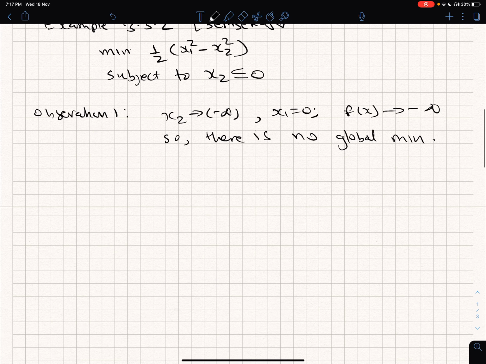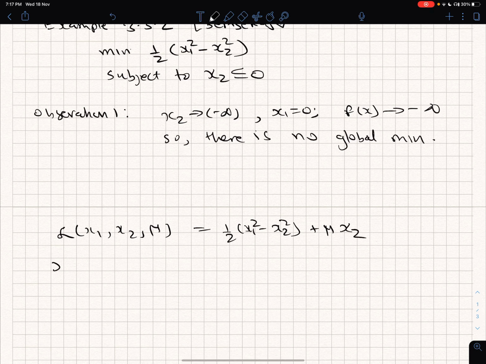Now, if I write its Lagrangian function of x1, x2, mu, I use mu for the inequality constraints. So this is half of x1 square minus x2 square plus mu of x2 minus 0, or simply mu of x2. And suppose I am looking for a local minimum, so I evaluate its stationary point.